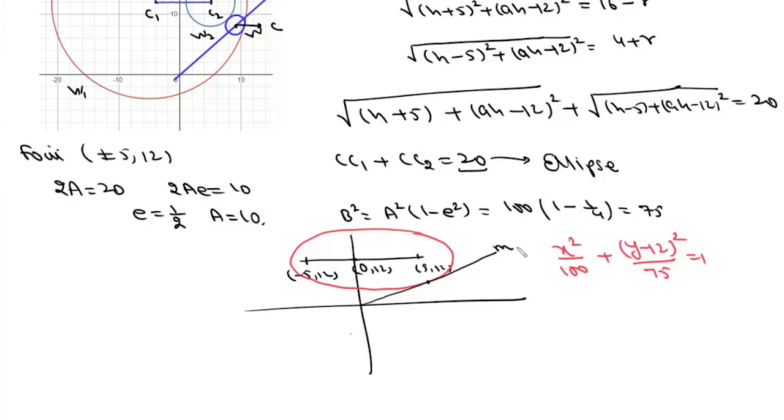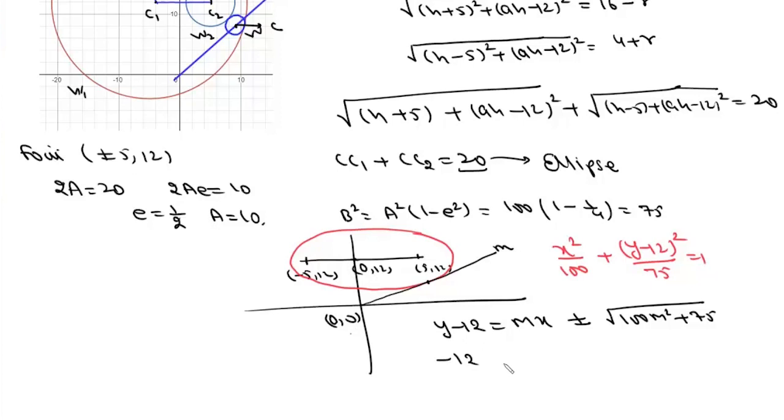Now we can write the equation of the tangent to this ellipse. So it will be y minus 12 equals mx plus minus under root of a square m square plus b square. So there will be 100 m square plus 75, and we want this tangent which passes through 0, 0. So we'll put x is 0 and y is 0.